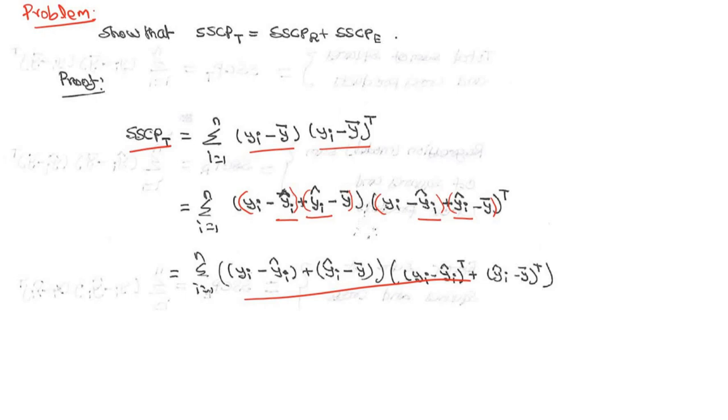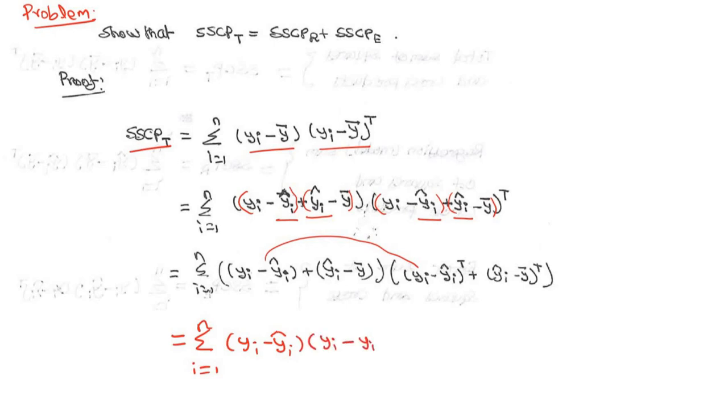In the next step, I want to multiply this out. So I am multiplying now. This is equal to summation i equal to 1 to n. The first term is multiplied with the last term. So you have (yi minus yi cap) into (yi minus yi cap) transpose.